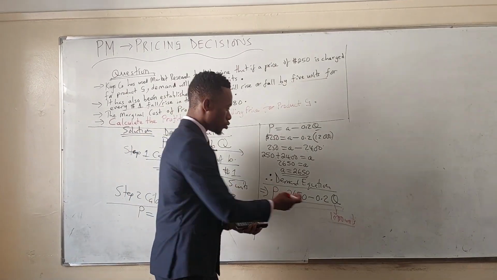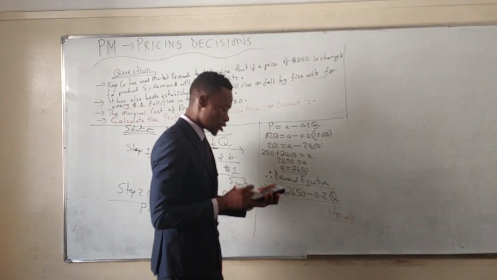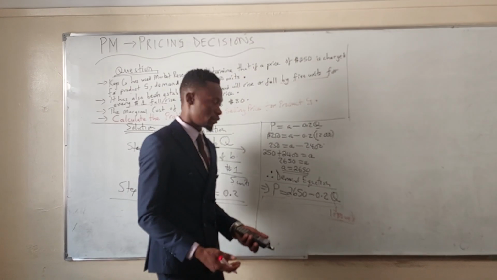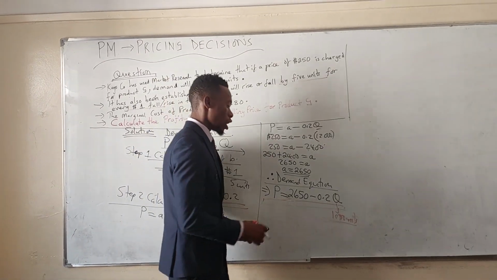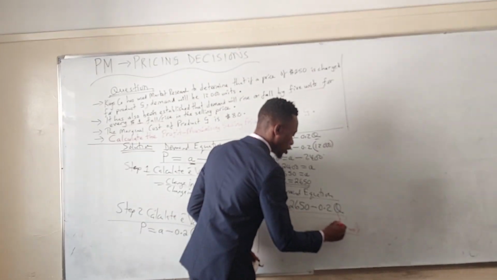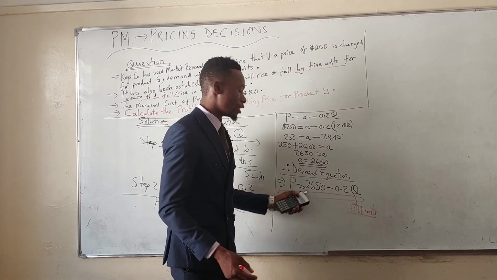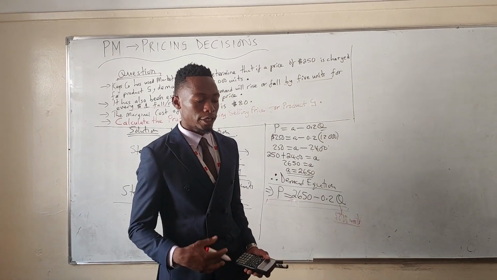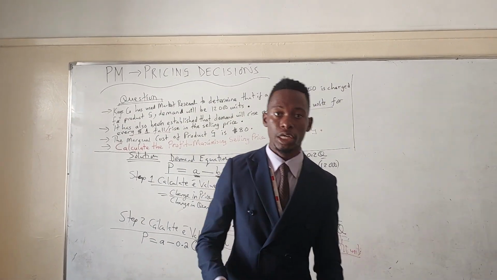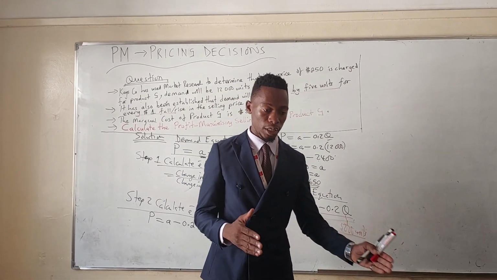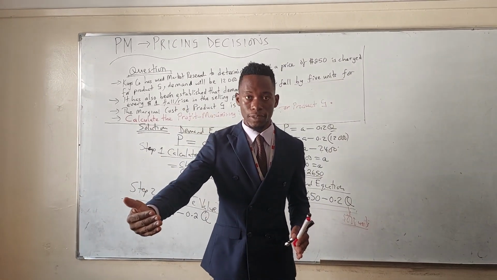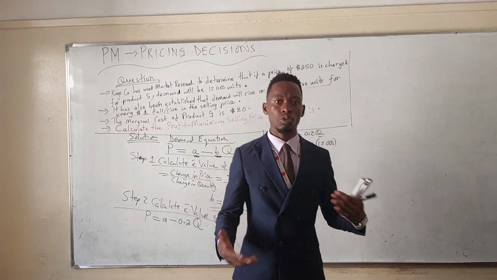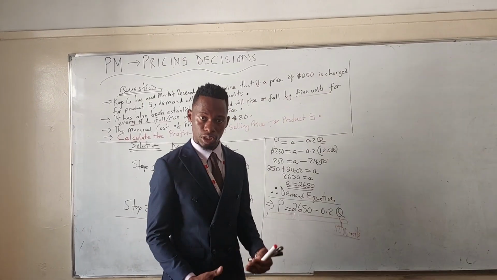You just say 0.2 multiplied by 1,000, you get 200, you less it from 2,650. Then you get 2,450. So guys, this is what you do. How about if you want to sell 5,000 units? You can even substitute and get your price. So this is the demand equation, which helps you to make decisions within an organization in terms of knowing the price and the quantity. If you want to sell these units, what is the price that you should charge as an organization? You can know by just substituting, right?